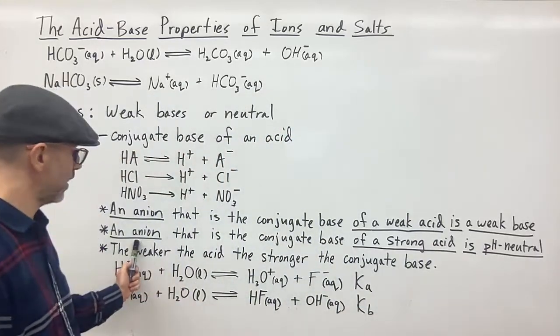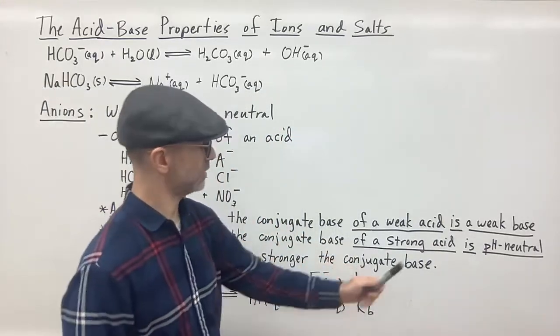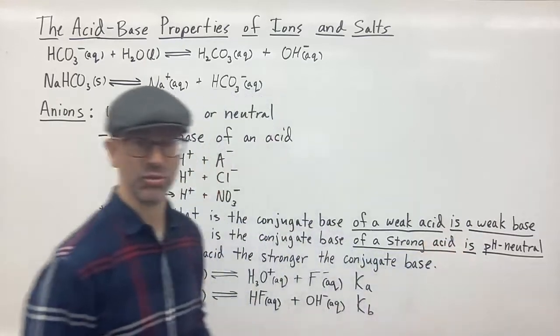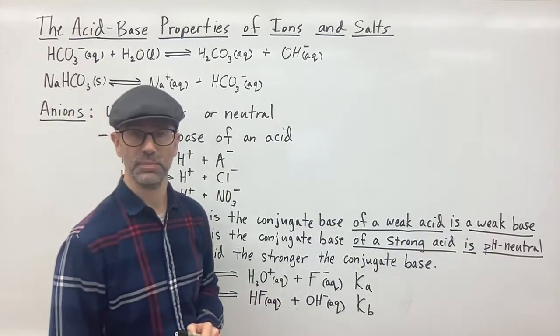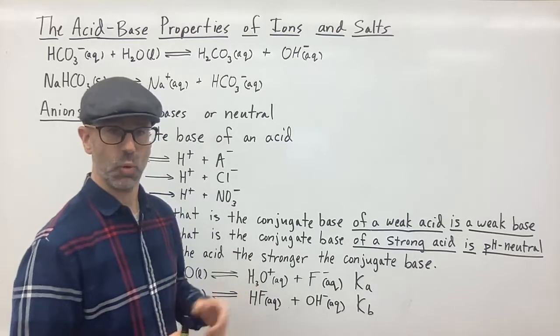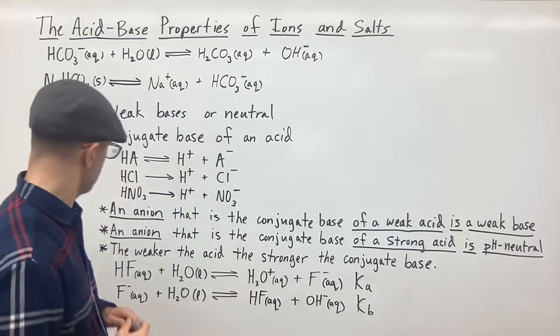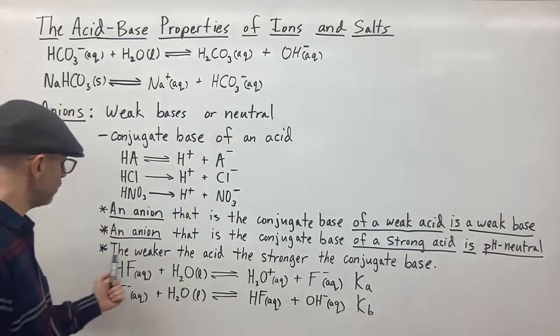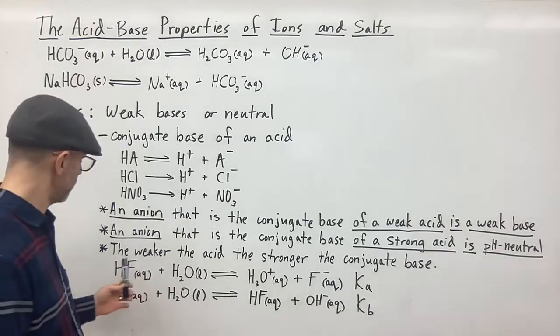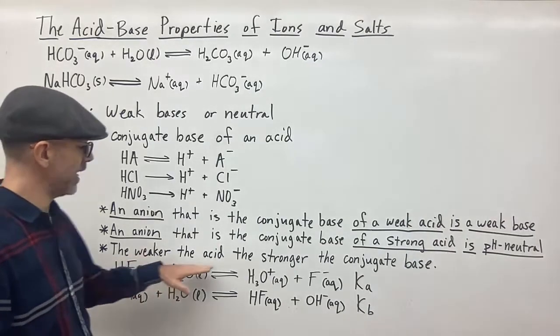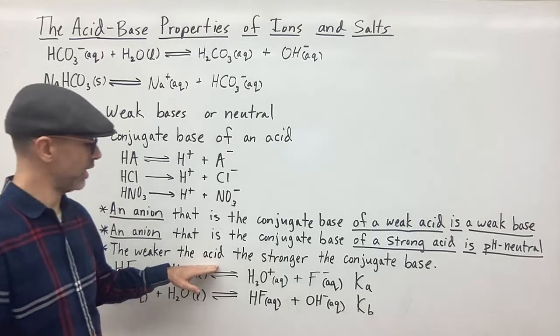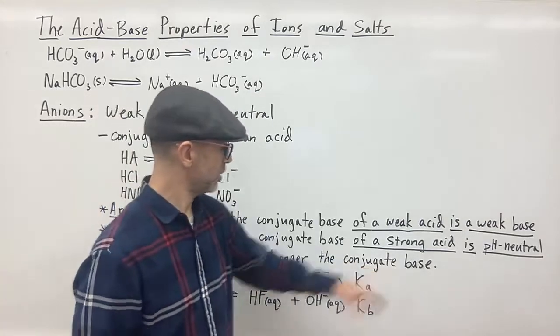The anion of a strong acid is going to be neutral in water. Why is this? I'll talk about that in a moment. The other thing to keep in mind is the weaker the acid, the stronger the conjugate base.